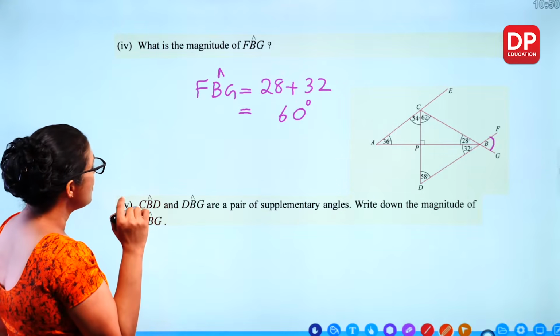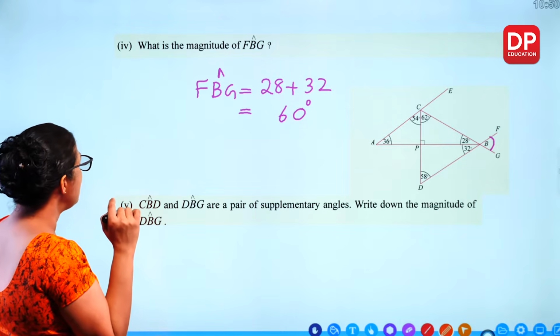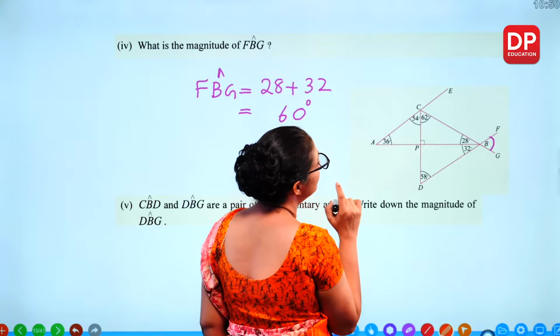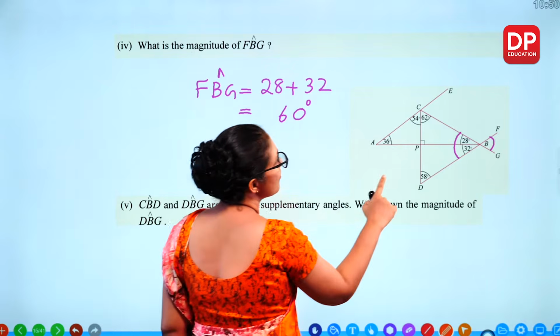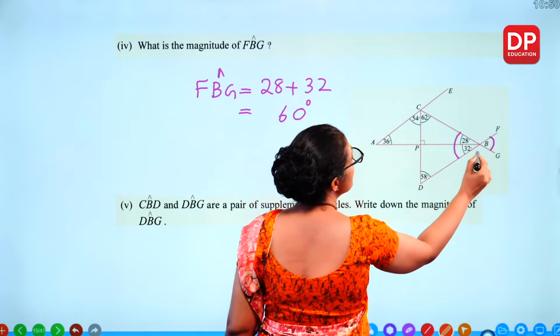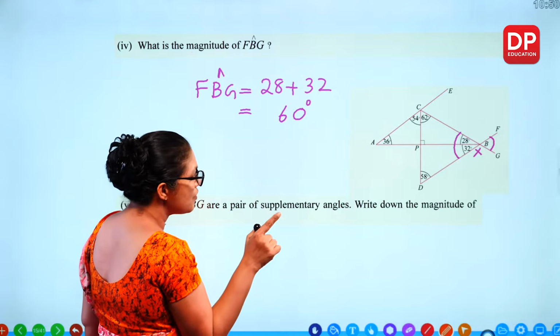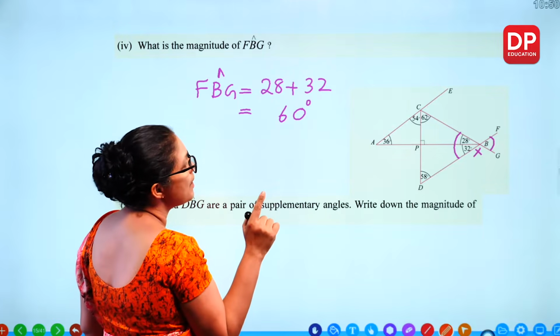CBD and DBG are a pair of supplementary angles. Write down the magnitude of DBG.